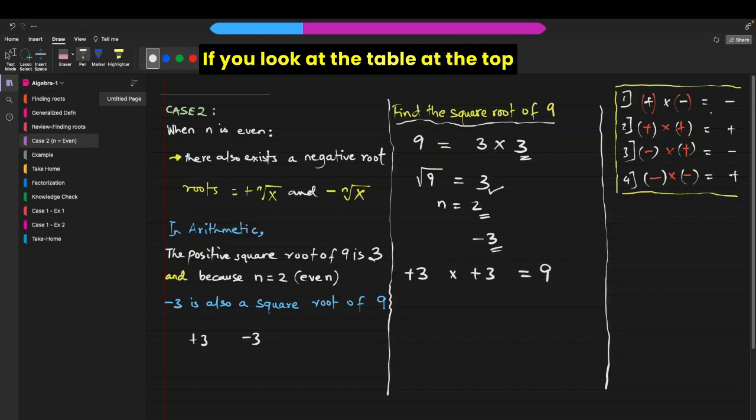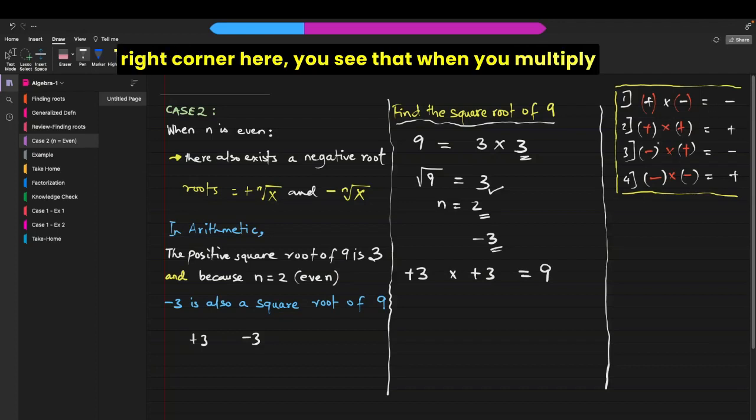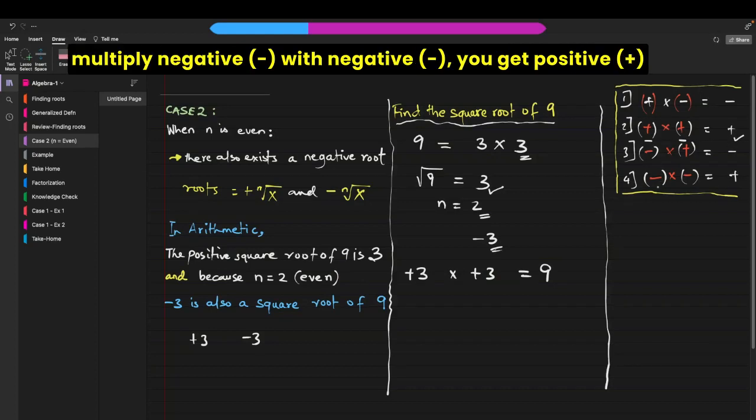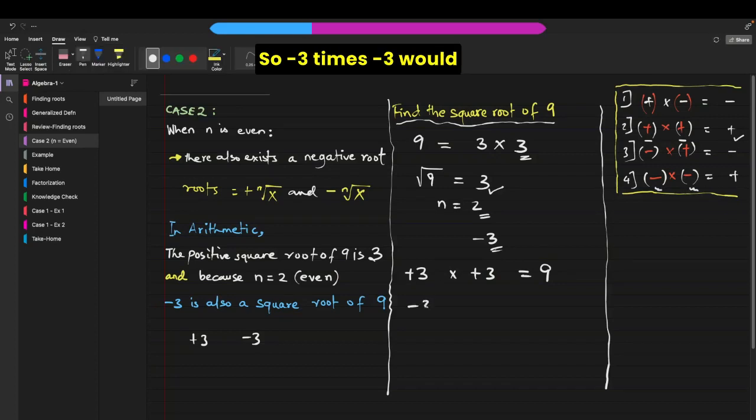If you look at the table at the top right corner here, you see that when you multiply positive with positive, you get positive. And when you multiply negative with negative, you get positive, right? So negative 3 times negative 3 would be equal to positive 9 or 9.